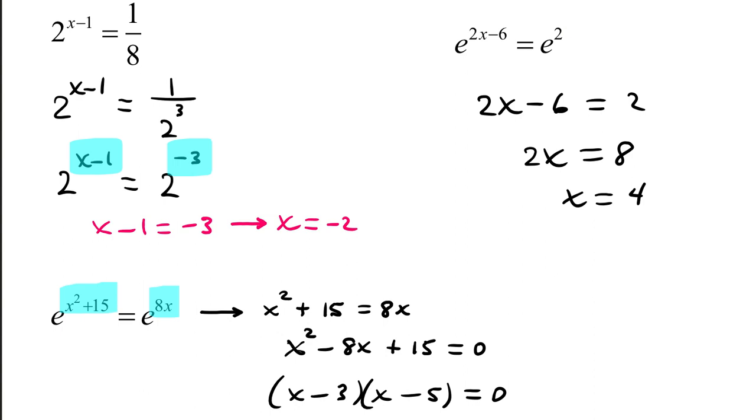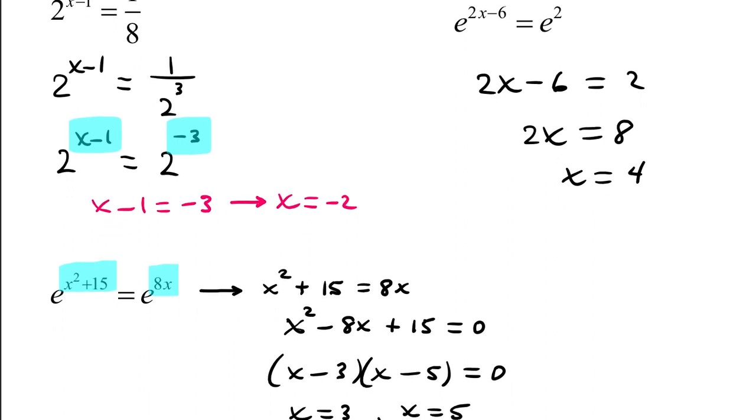Immediately we have a common base number, and that's e. That's Euler's number. We'll discuss it a little more in the next video. But long story short, because the base numbers match, we could use one-to-one property, and that tells us that 2x minus 6 has to be equal to 2. Add 6 to both sides, 2x equals 8 if x equals 4.